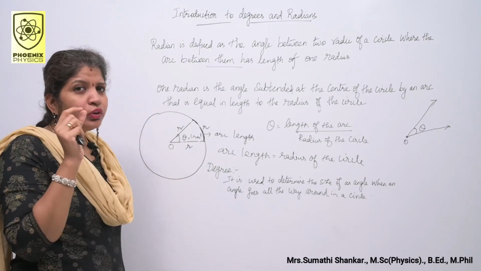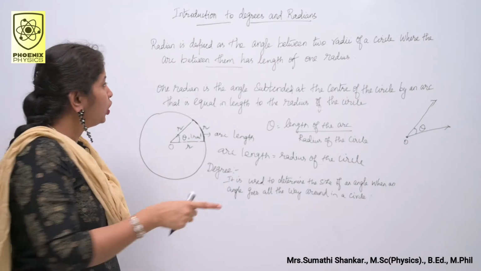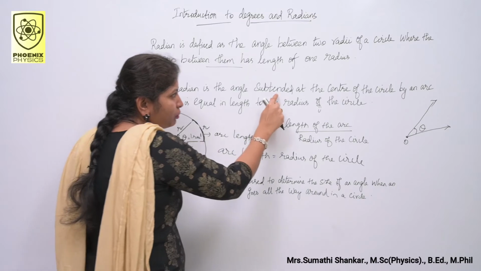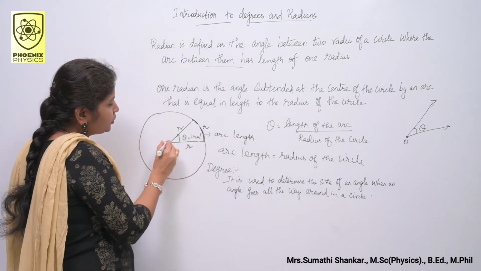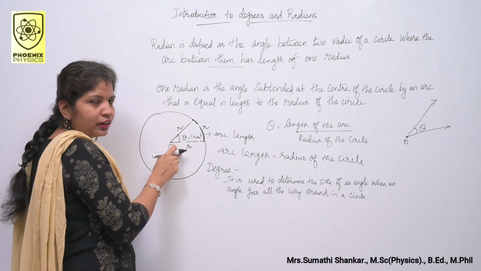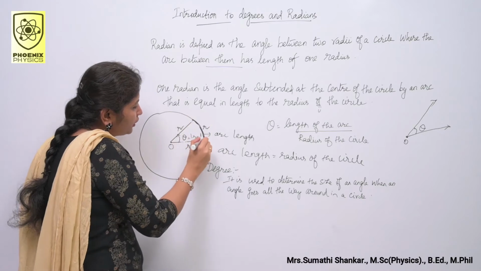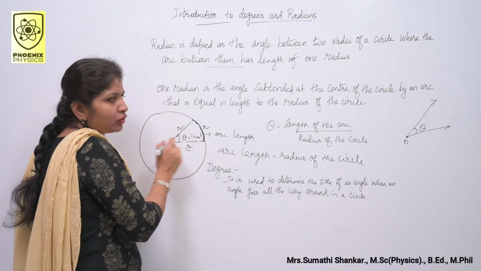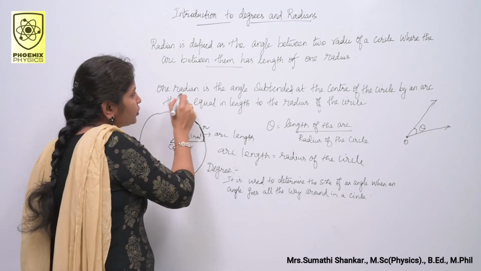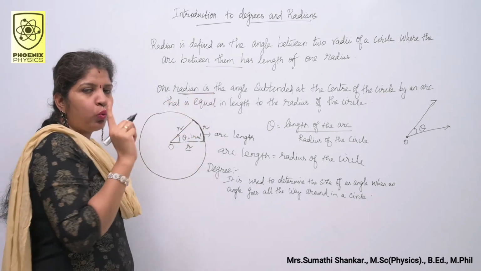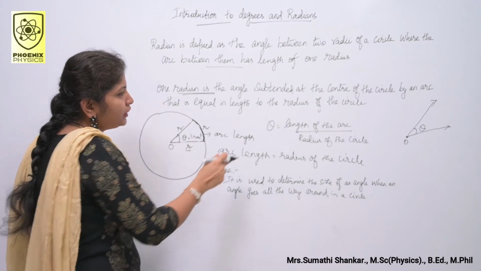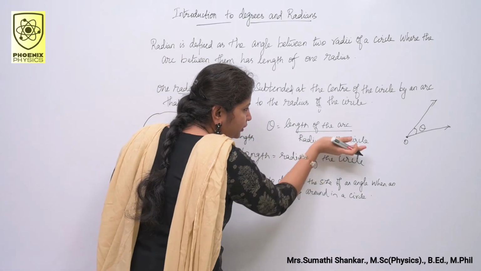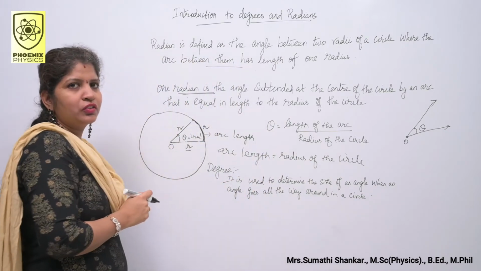So, how do you define one radian? One radian is the angle subtended at the center of the circle by an arc that is equal in length to the radius of the circle. So this is the definition for one radian. So theta can be written as the length of the arc divided by the radius of the circle.